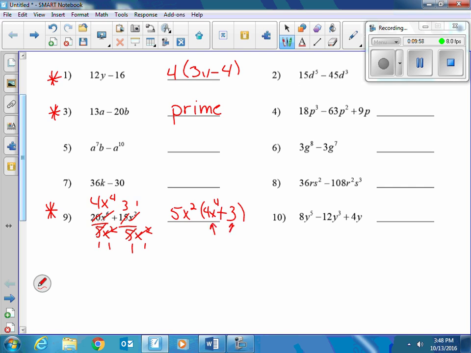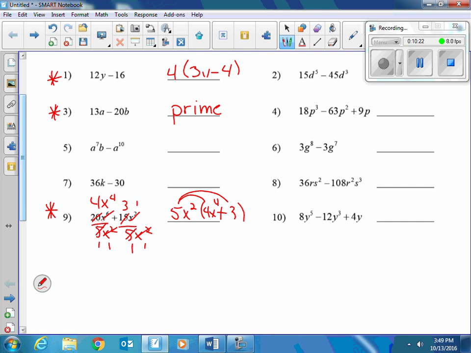And if you look back at it to make sure it's all done, between this term and this term here, I don't see any common factors left over that I can pull out. So the way to make sure you did it right, and you can do this mentally, is to re-multiply to see if you can go back to what you started with.